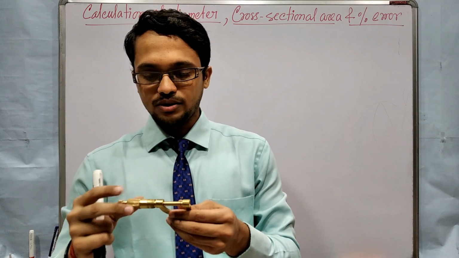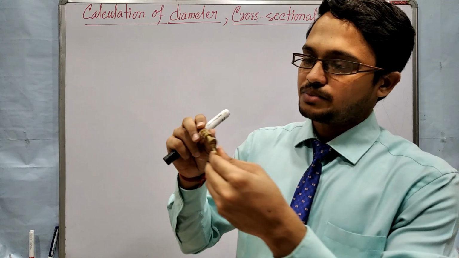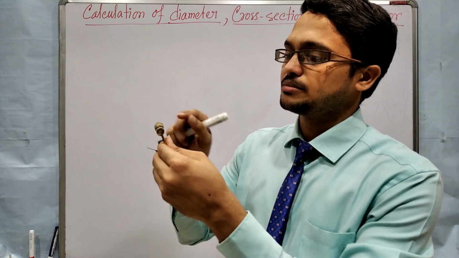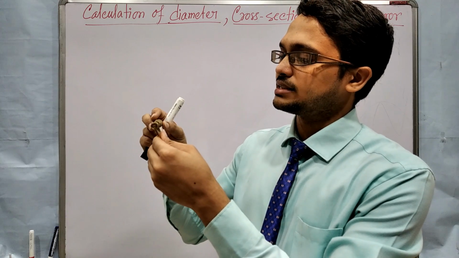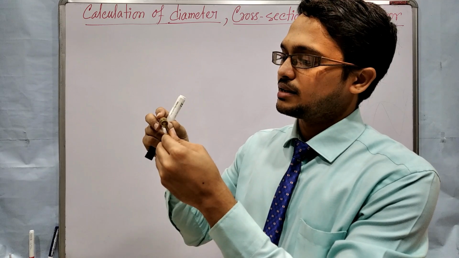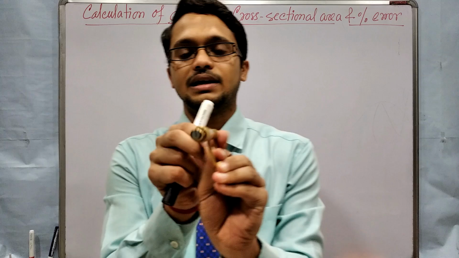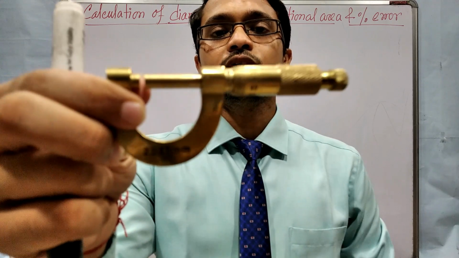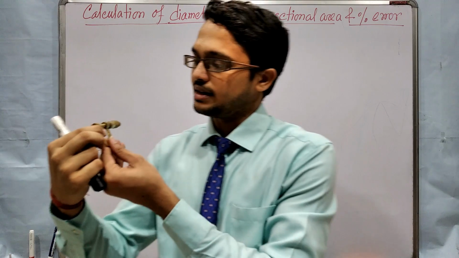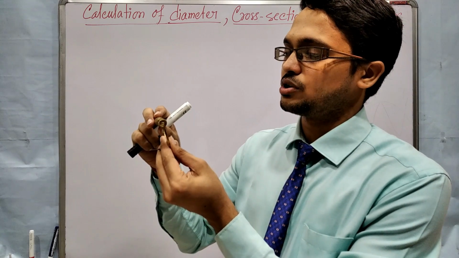So how to calculate the pitch of the screw gauge? First, this is the baseline I am showing here. I am putting the 0 mark coinciding with the baseline. Okay, clear? Now I am giving a complete rotation, one full rotation.